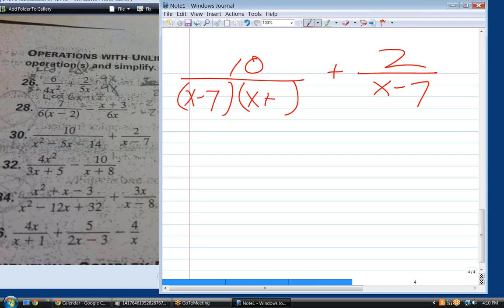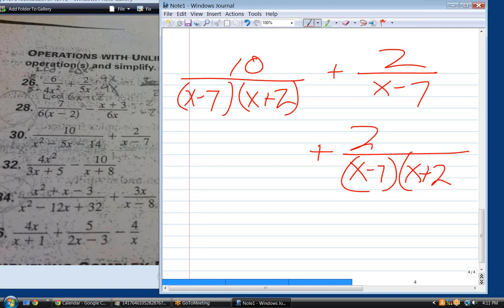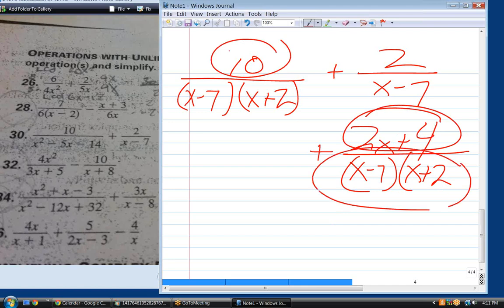What's our least common denominator going to be? X minus 7, x plus 2. Okay. So the right-hand side turns into what? It's 2x plus 4. All right. And then you just add that to that and put it all over that common denominator.